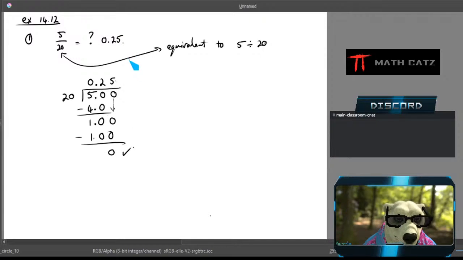Now, yes, there are other ways to do this. You could look at an equivalent fraction and put it over a power of 10, but that's not always going to be so easy to do. In this case, we start with a nice simple example. Long division will always get me there. And then the benefit of having a decimal number instead of a fraction is that when I do the arithmetic, it works in the same way with our methods that we've established before when we look at our number system.